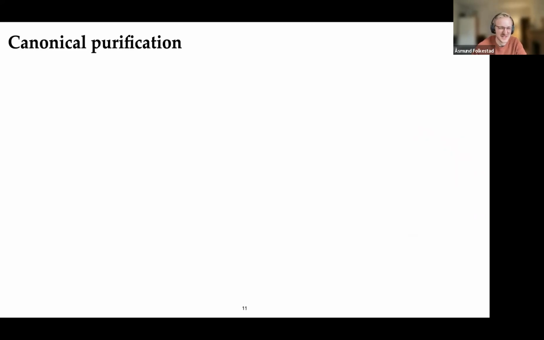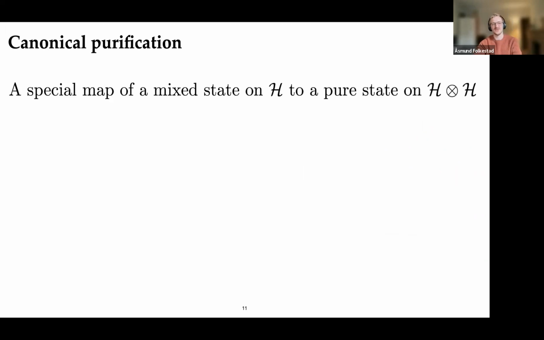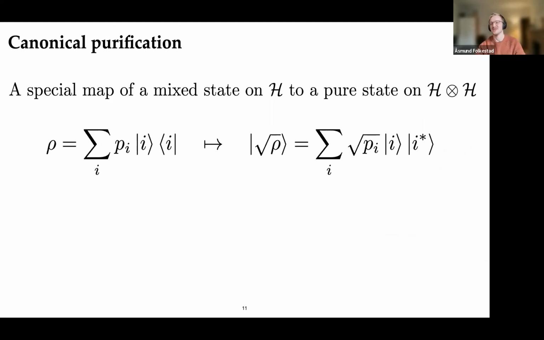The second tool we'll need is the canonical purification. The canonical purification is a special map of a mixed state on some Hilbert space H to a pure state on the Hilbert space H times H, so the doubled Hilbert space. If we just diagonalize the density matrix, it's very easy to write down this map.